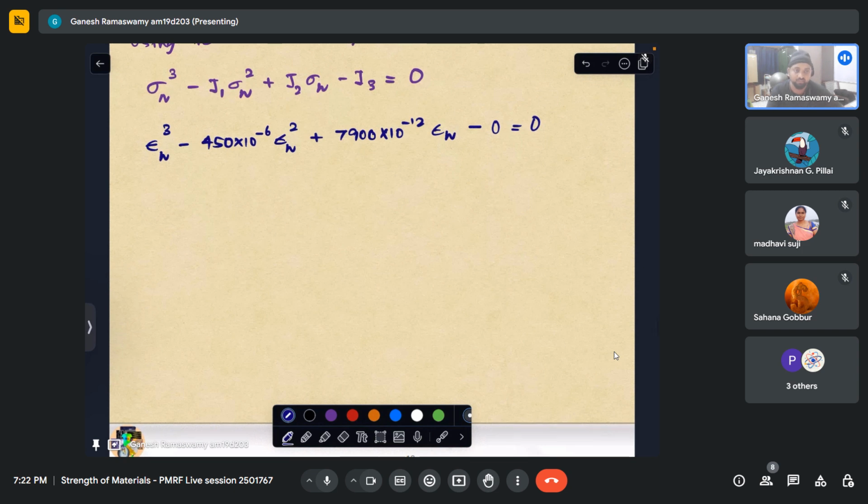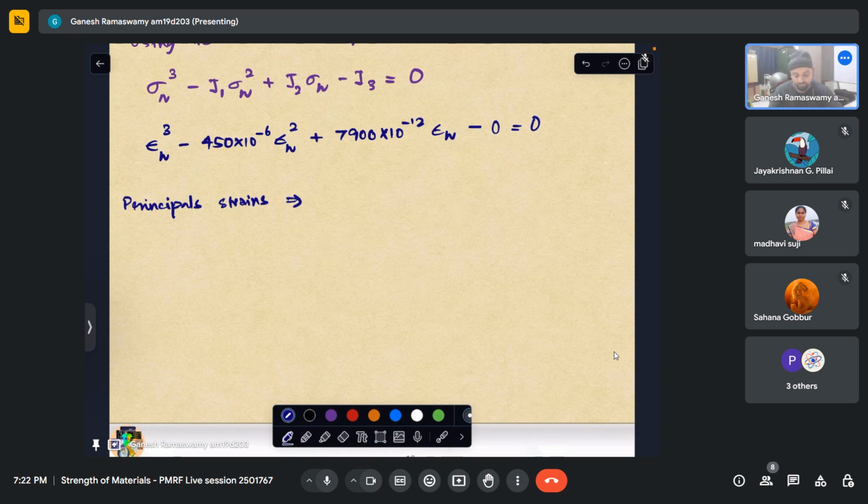So from here, the principal strains come out to be, we can solve it using the calculator itself.